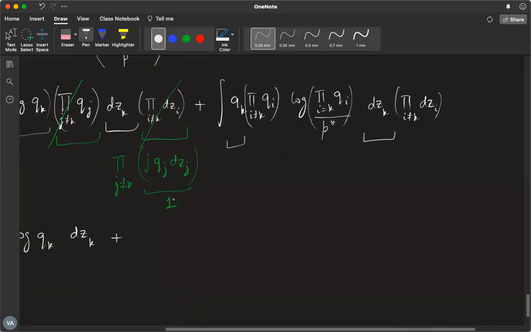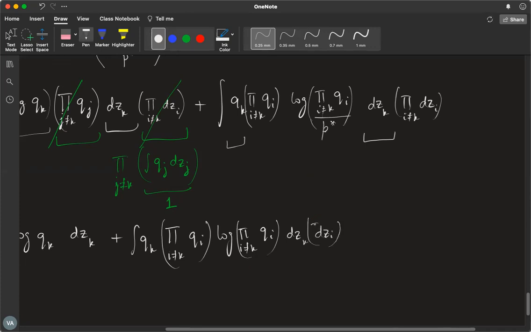We say plus integration of qk, product over I not equal to k qi, times log of product over I not equal to k qi, times dzk, dzi and product over I not equal to k, right?